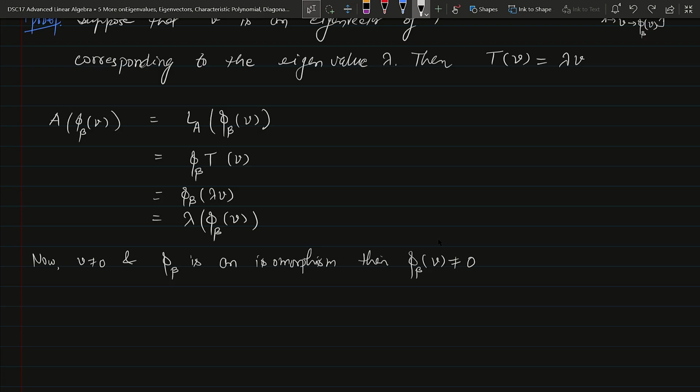Now since the A image of phi beta of v is lambda times phi beta of v, and also this phi beta of v is not equal to 0, that means this phi beta of v is an eigenvector of A corresponding to lambda. So in this way we saw that if v is an eigenvector of T, then its phi beta of v is an eigenvector of A, where A is the matrix representation of the linear transformation.